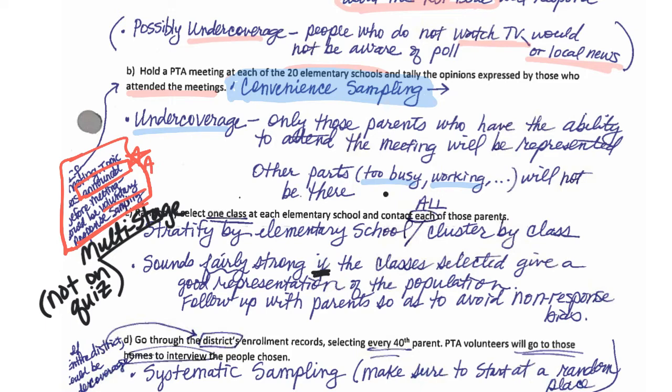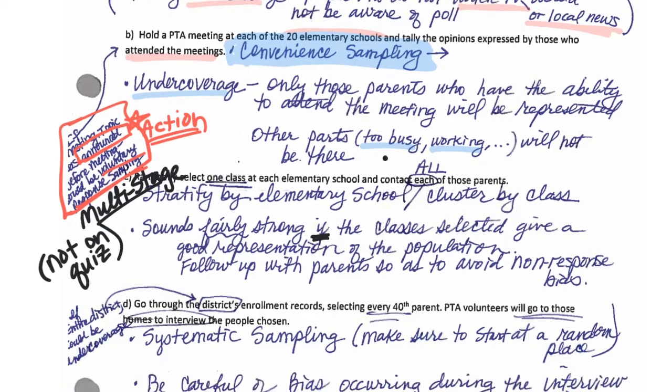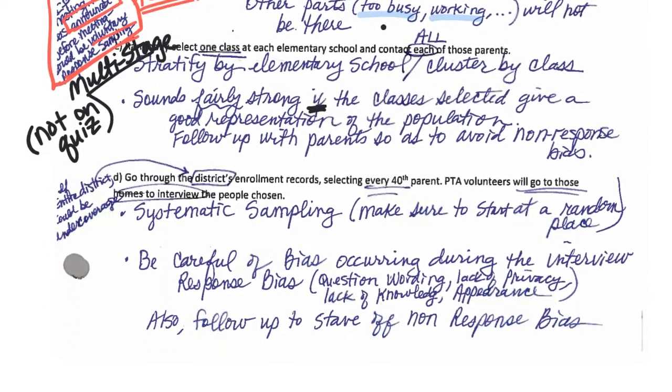If people had known about that topic, they would have placed themselves into the sample because of that issue. That would have then been voluntary response sampling, and of course voluntary response bias.